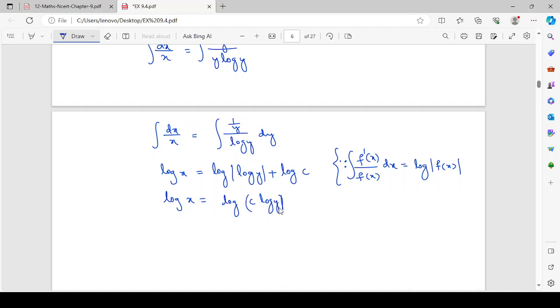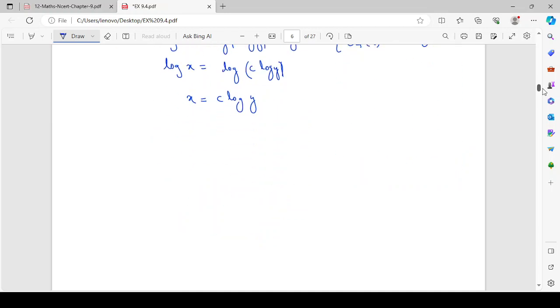Now both the terms have logarithm, so x is equal to c log y is the general solution. Sometimes even the c, if you send it to the left hand side as 1 by c, which is c1, you can consider c1 into x is equal to log y is also the general solution for the given differential equation.